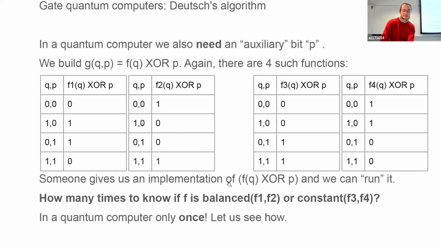But now let's say that all we want is to know a bit less. So all we want to know is whether the function is balanced or constant, whether we have been given F1 or F2 or F3 or F4, right? So we are okay with knowing a bit less. In a classical computer, you still need to run it twice. In a quantum computer, you can do that running the black box only once.